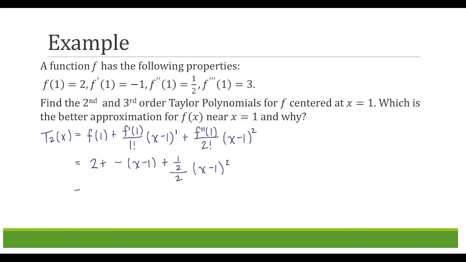So what I end up with is 2 minus x minus 1 plus 1/4 times x minus 1 squared.